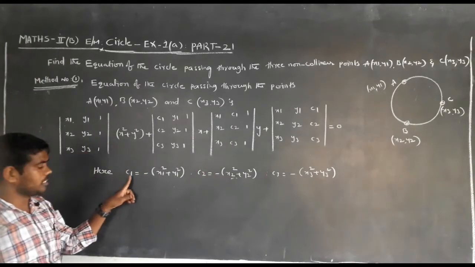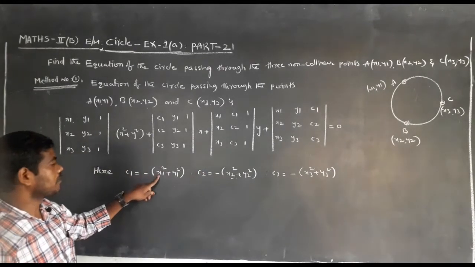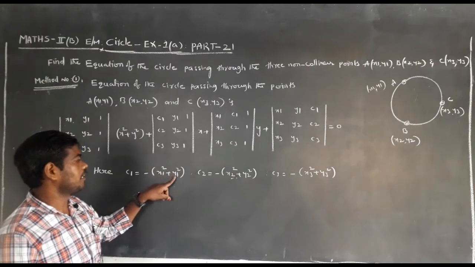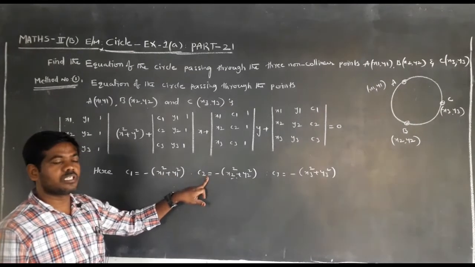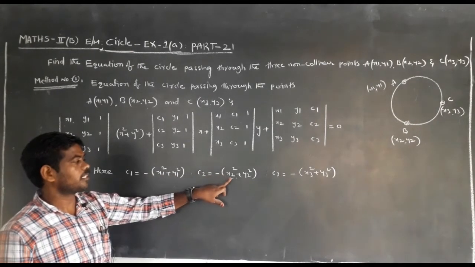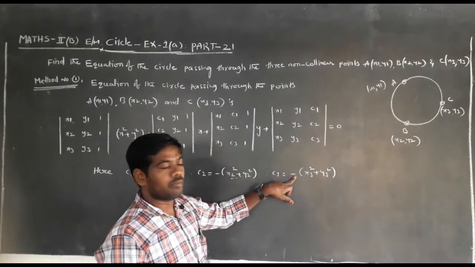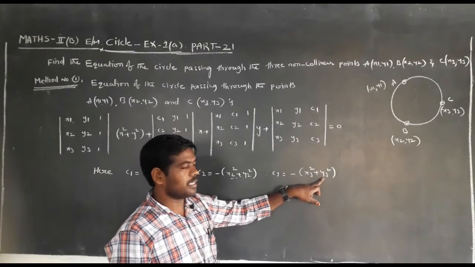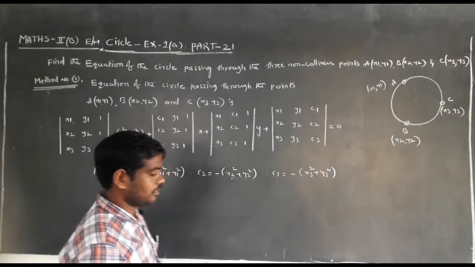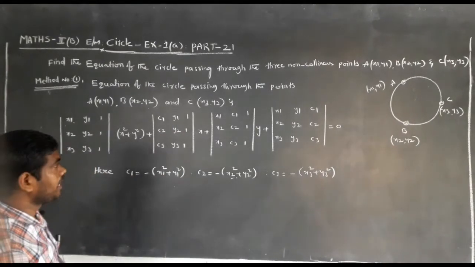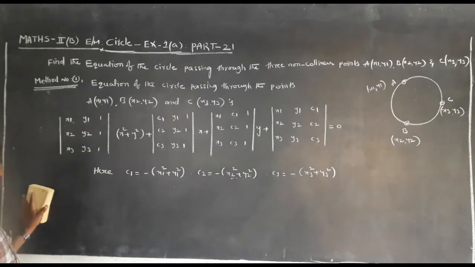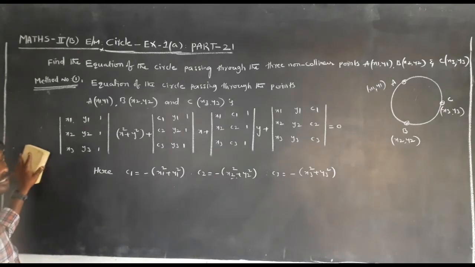Here C1 is minus of (x1 square plus y1 square), C2 is minus of (x2 square plus y2 square), C3 is minus of (x3 square plus y3 square). This is the first method for finding the equation of the circle passing through the three non-collinear points.